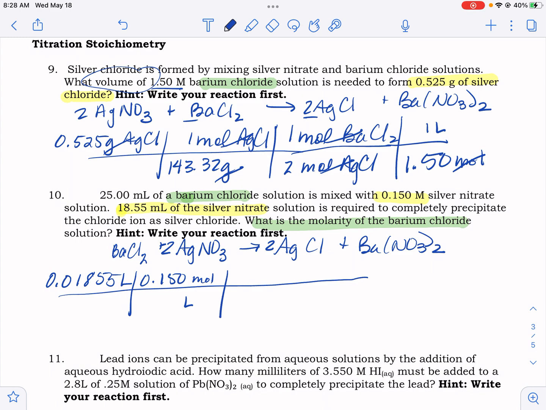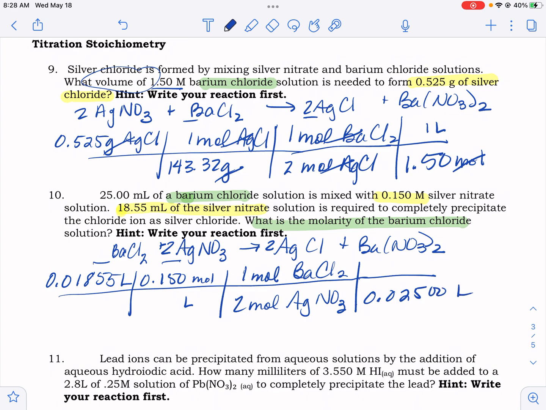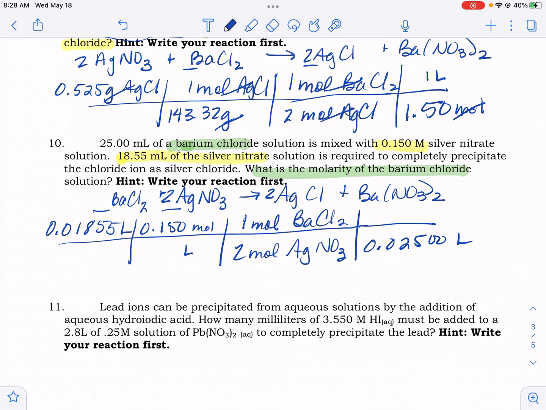Silver nitrate, we have 2 moles of our known, and that's going to react with 1 mole of barium chloride. And we're going to change to molarity, and to find molarity we have to divide by volume, and our volume that's given is 0.25 liters. Okay?